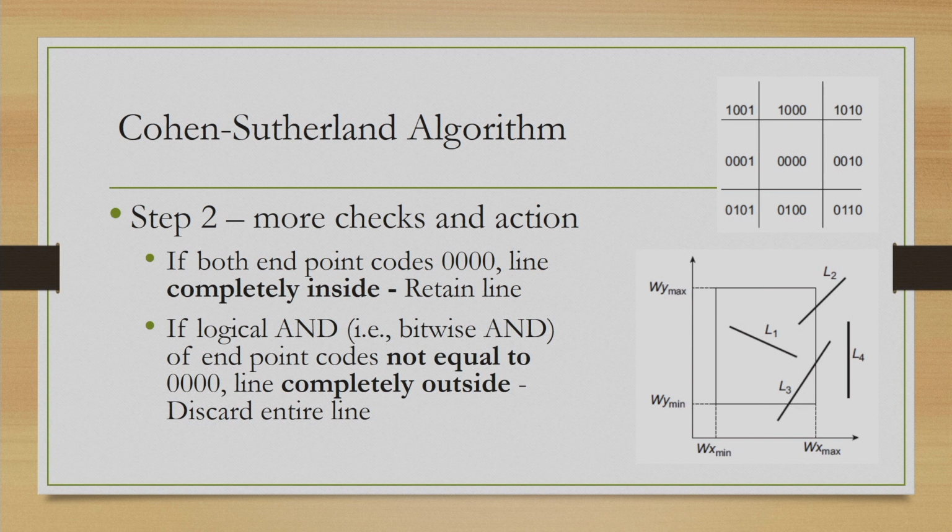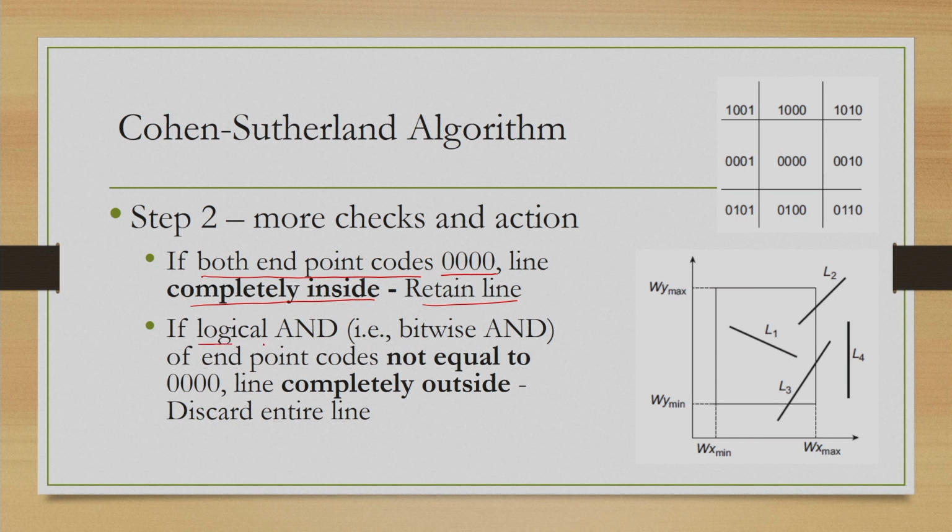So, the first step is assignment of region codes to the endpoints. In step 2, we perform more checks on the region codes that are assigned to the endpoints, and then we take action. If both endpoint codes turn out to be 0000, that means the line is completely inside, so we retain the line.